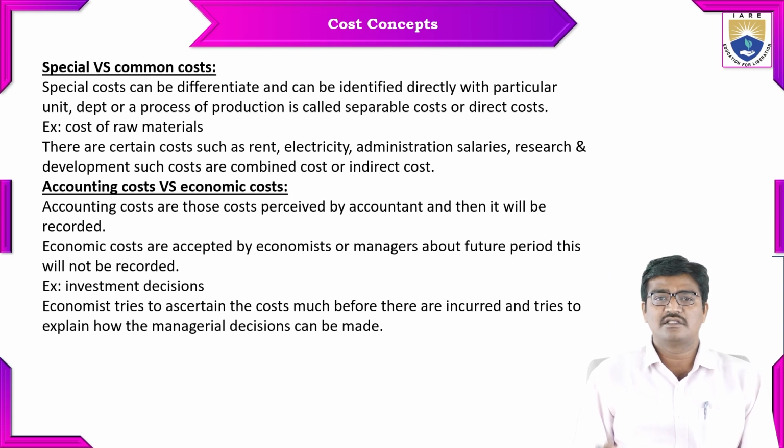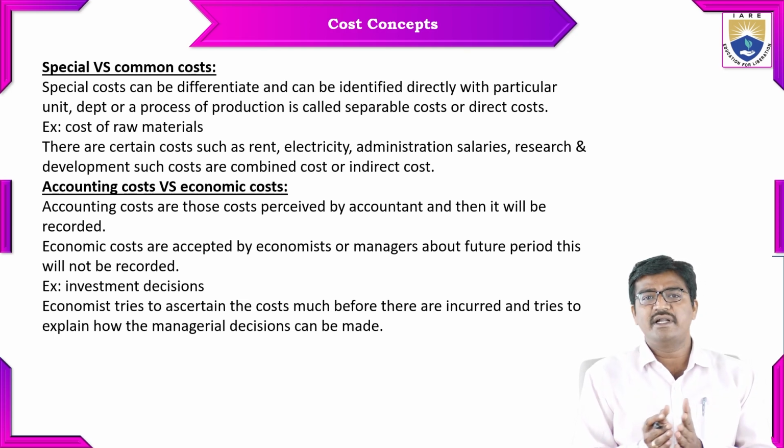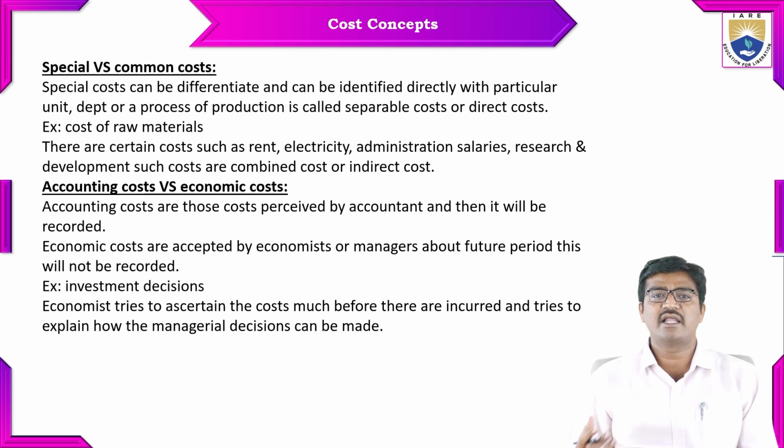So the sales department expenditure is considered a common cost, because the sales department is going to sell all the products manufactured by the organization. So in this way, special costs and common costs exist.